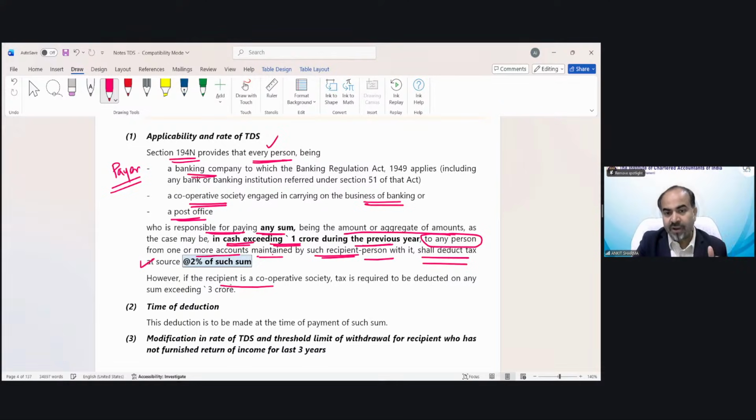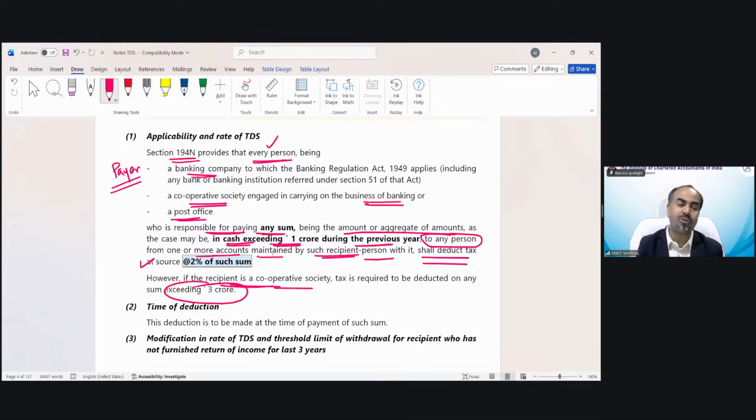But if the withdrawal is done by a cooperative society, the limit is 3 crore instead of 1 crore. So suppose I am going to withdraw: after 1 crore, TDS is going to be deducted by the bank. And if I am a cooperative society, then after 3 crore, TDS would be deducted by the bank.